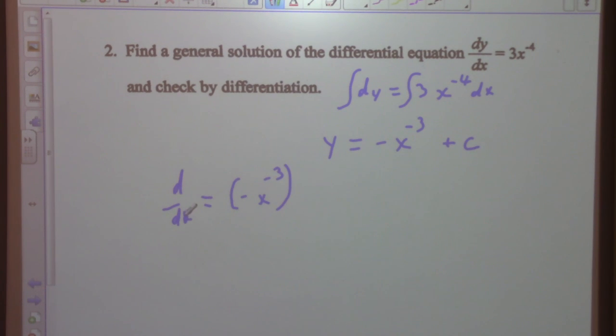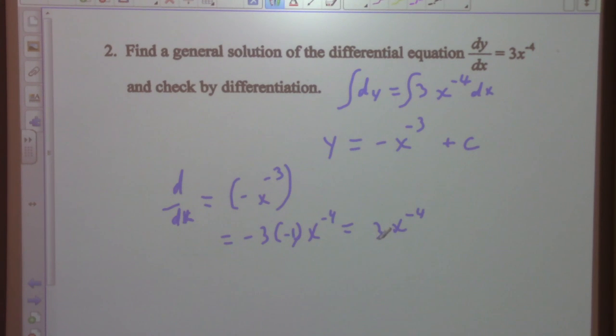So if I take the derivative of this thing right here, it's going to be equal to negative 3 times negative 1, because you already have that negative sign out here, and then you're going to have x to the negative 4th power, which is equal to 3x to the negative 4th power.